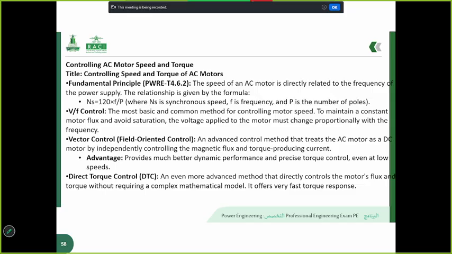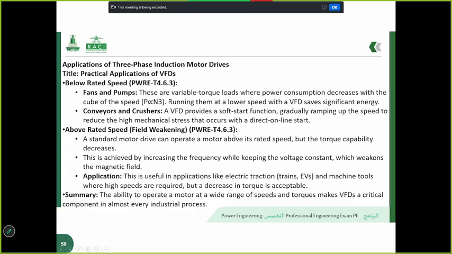This allows for much more precise and dynamic control of the motor speed and torque, especially at low speeds. So an even more advanced method is direct torque control, which directly controls the motor's flux and torque without relying on a complex mathematical model, offering an extremely fast torque response.